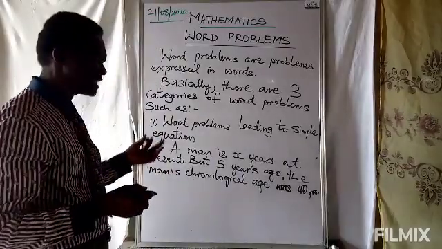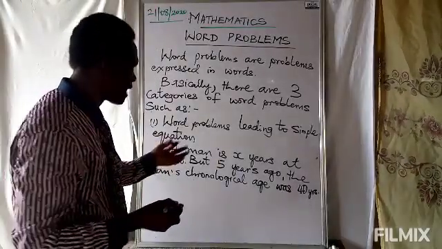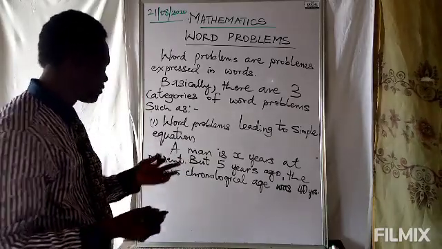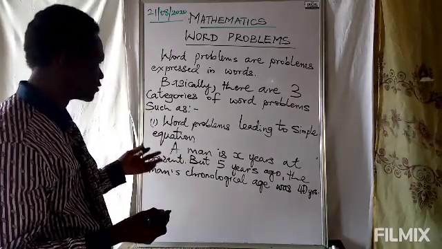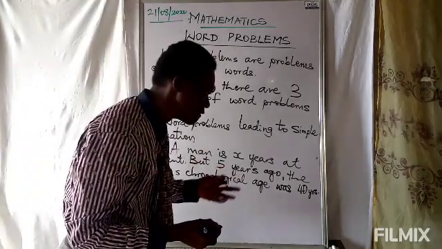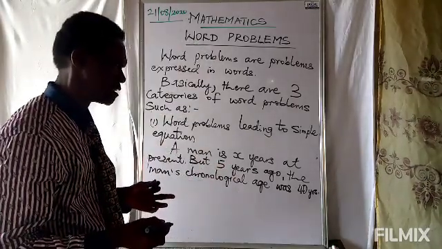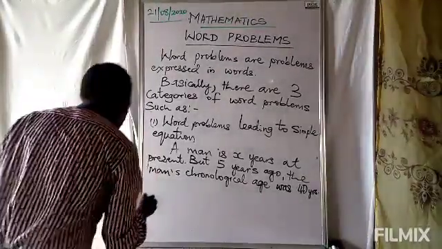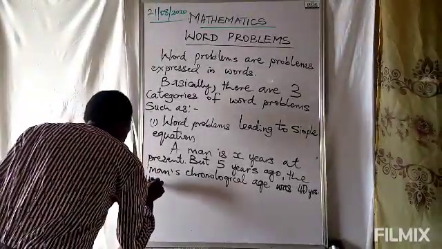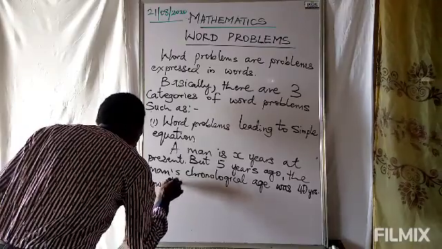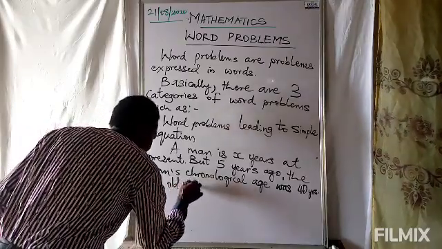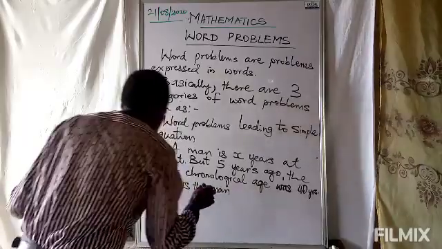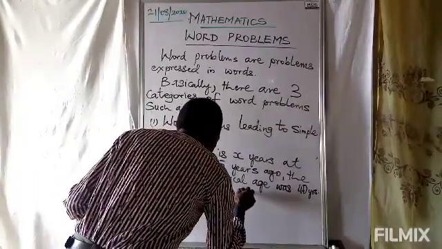That is, a man is S years at present, but 5 years ago, the man's chronological age was 40. How old is the man now?